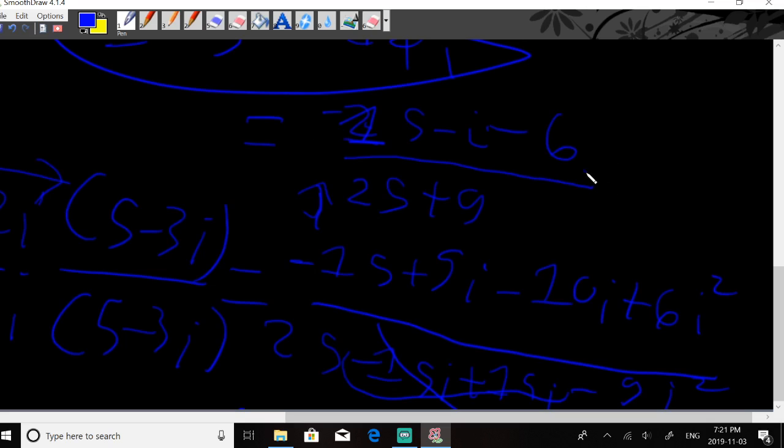So this equals negative 21 minus i, divided by 25 plus 9, which is 34.